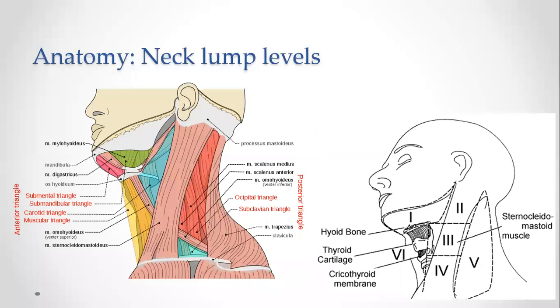In the neck, we have the key muscles. These are very important for the surgeon, and they divide the various triangles of the neck, and these are the landmarks when we operate on the neck. The obvious muscle is the sternocleidomastoid muscle.